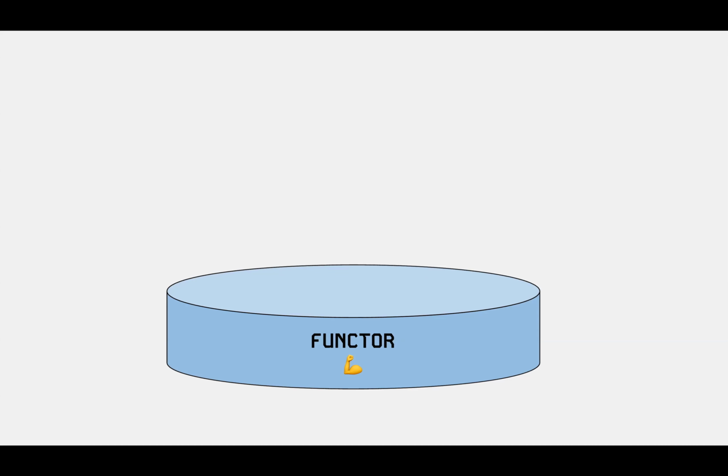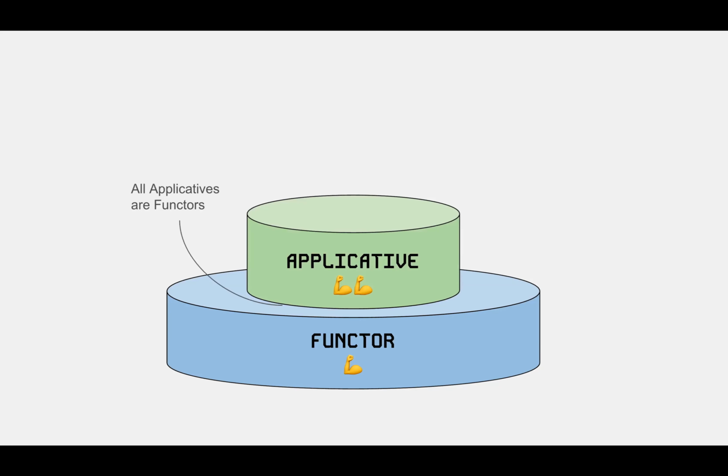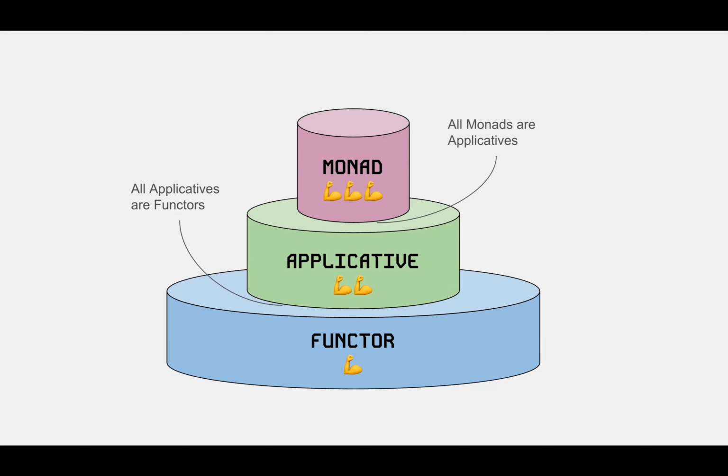It's a stack of cylinders that clearly states the hierarchy between these type classes. Starting with Functor, we can see Functor as the base of this stack. Then we have Applicative. All applicatives are functors, so you need to be a functor before being an applicative. And then we have monads. We need to be a functor and an applicative to become a monad.